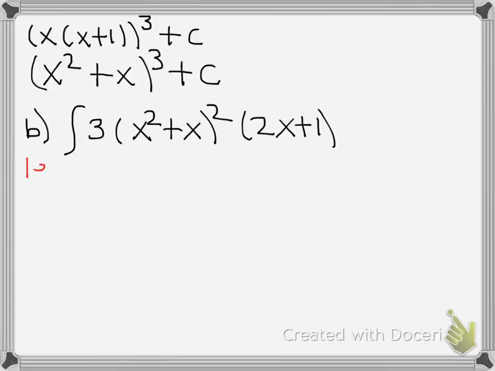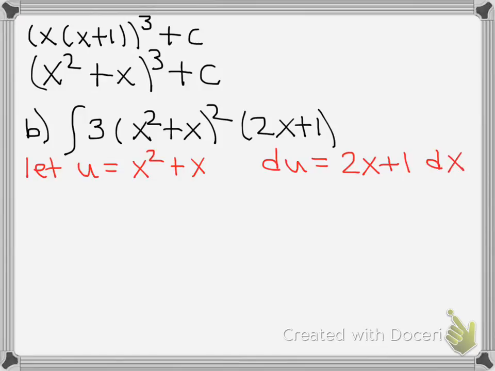I am going to let U equal x squared plus x. Then we're going to take the derivative of U. We'll call that du, and that would be 2x plus 1 dx, because we're taking the derivative of U with respect to x.